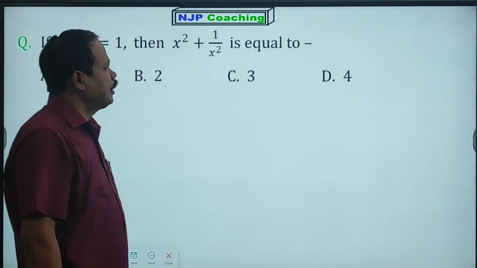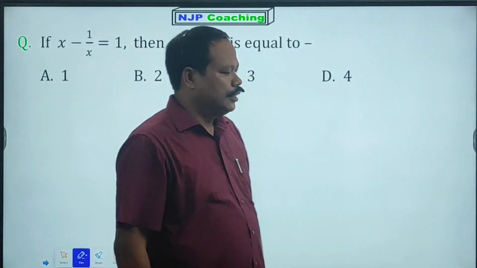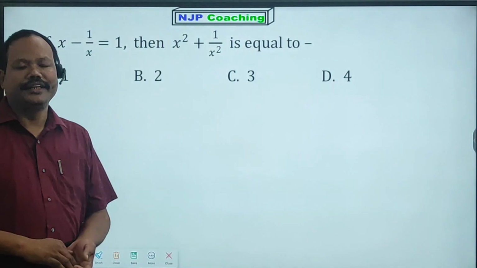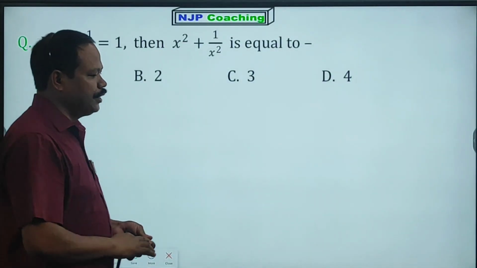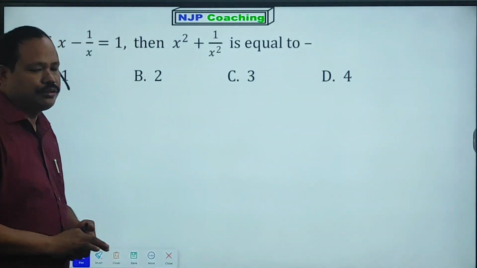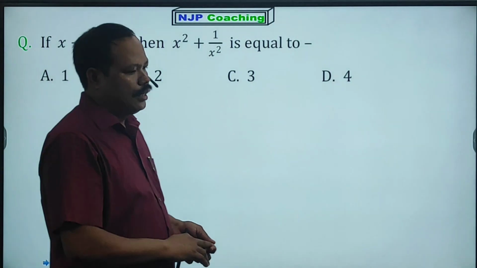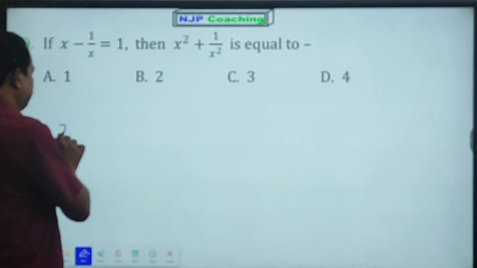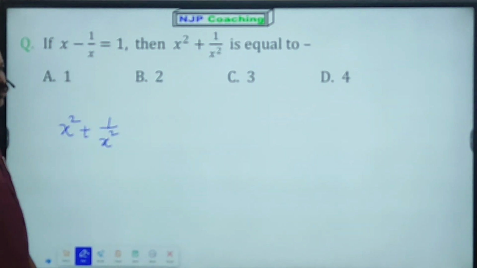Next, if x minus 1 by x equals 1, then find x square plus 1 by x square. For this type of question we have to use some identities: a square plus b square, (a plus b) whole square, (a minus b) whole square. These are quadratic identities. So what is a square plus b square? x square plus 1 by x square.